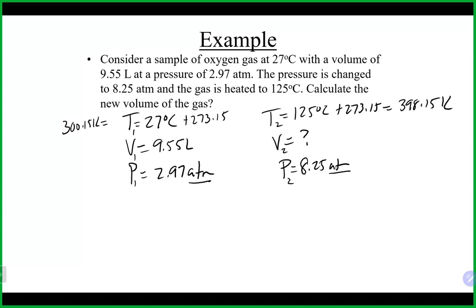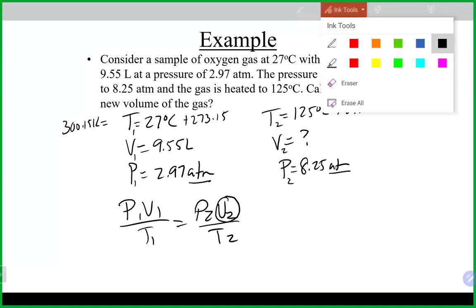And now we really do have everything in the correct units. So we have P1 V1 over T1 equals P2 V2 over T2. Again, in this case, there's no mention of grams, moles, or anything like that, so I don't need the n in here. We are going to be solving for V2. V2 is on top, so that's where we want to keep it.